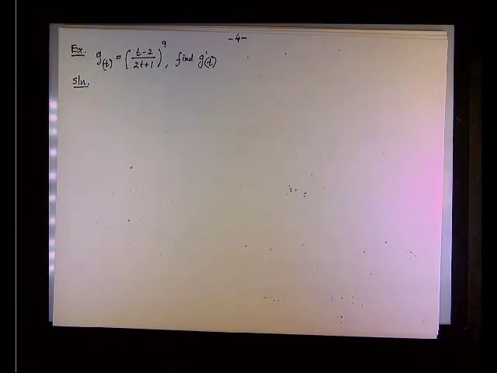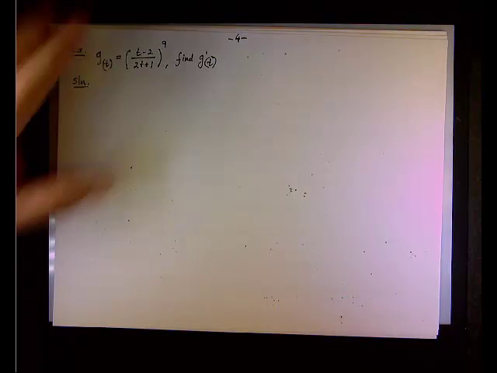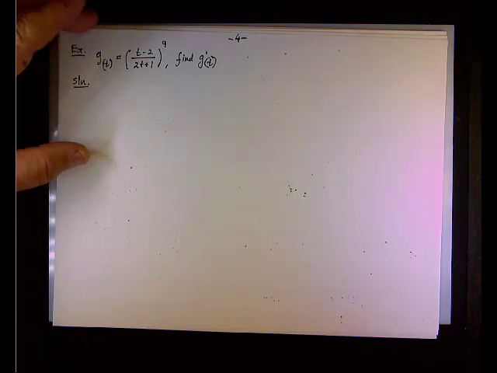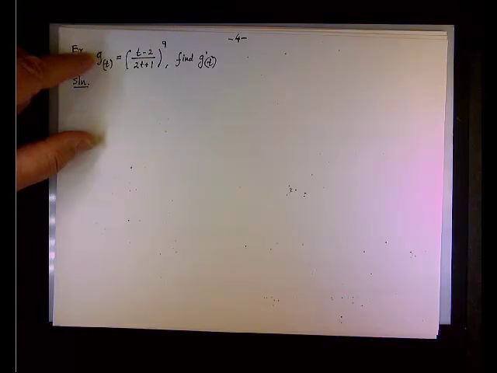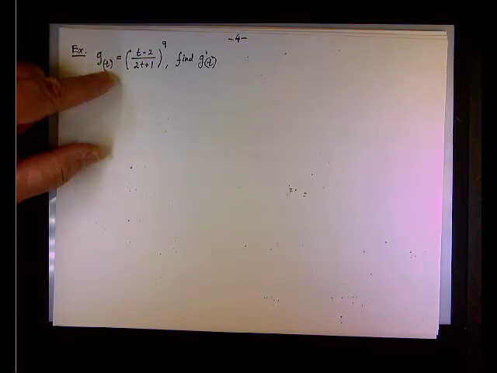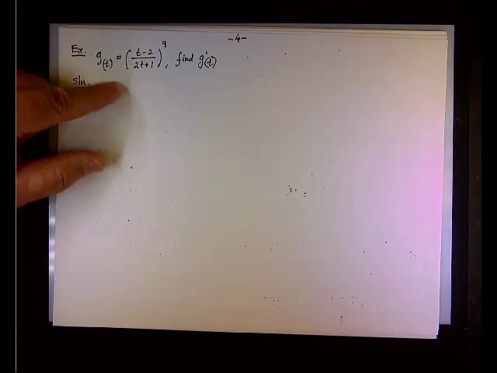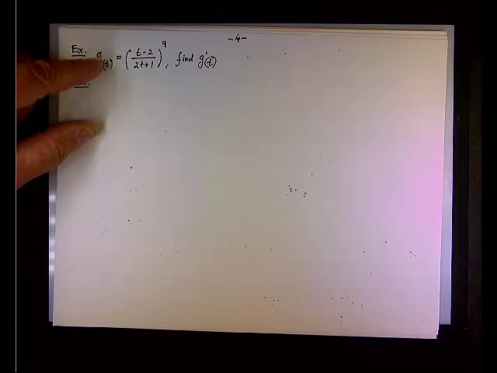So what notation shall we use here? How about we use the decomposition g of u, g composition u, okay, because we have g as the outside function.